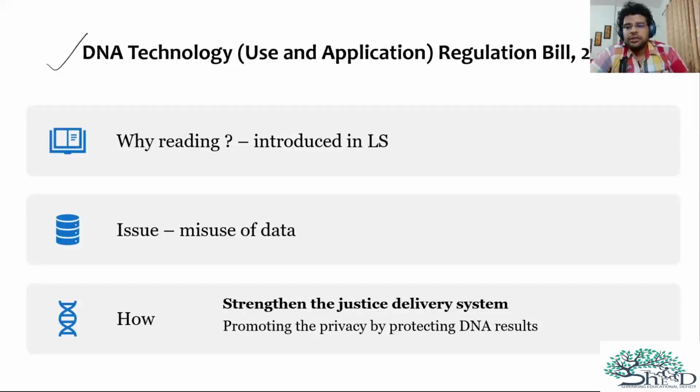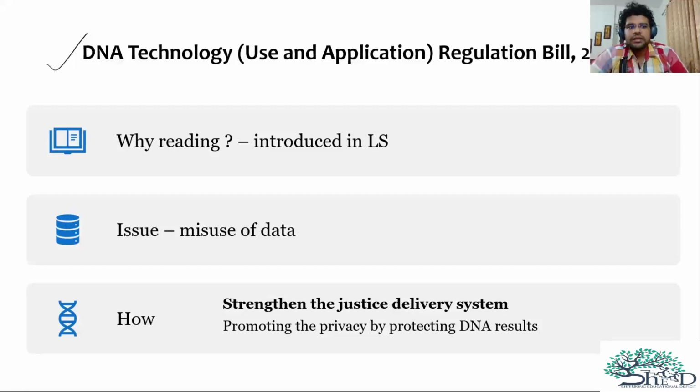Next, we come to the DNA Technology Use and Application Regulation Bill 2019. Now, why are we reading this? Because it was introduced in Lok Sabha. So, why this bill basically? Why the bill? See, DNA is used for establishing biological relationships, but now it is being increasingly used in criminal investigation, right?